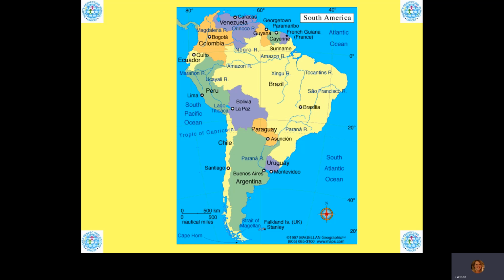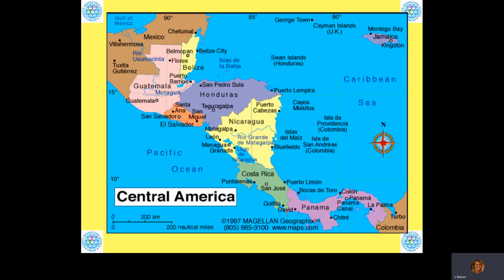But in many of the other countries, Peru, Colombia, they speak Spanish. In Central America, we've got Honduras, Costa Rica, and lots of those countries in Central America that also speak Spanish.